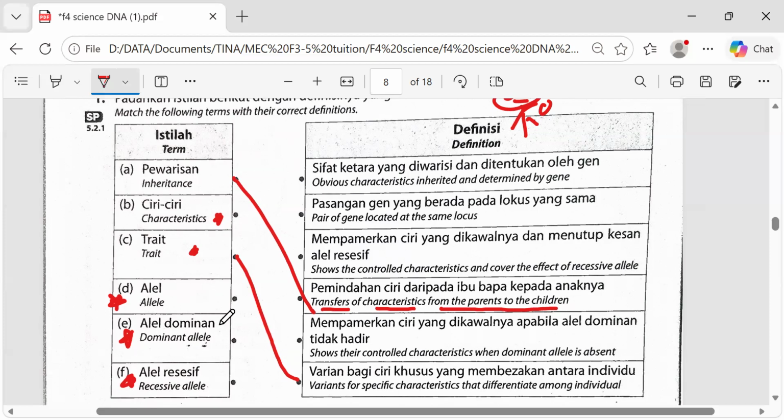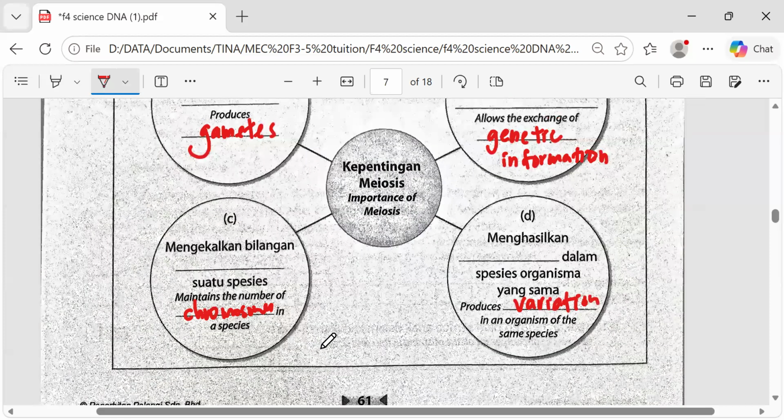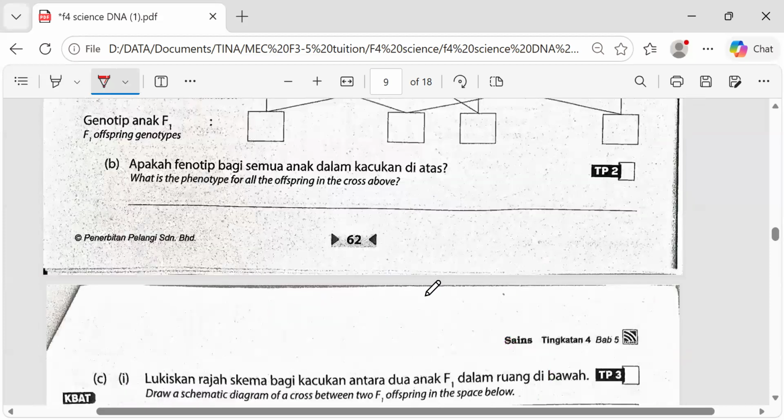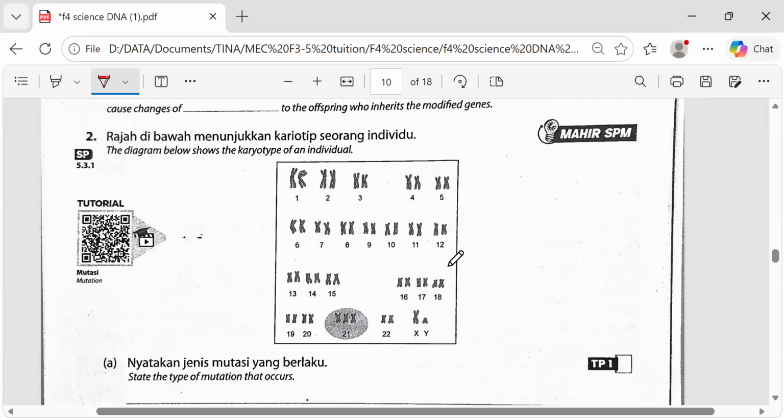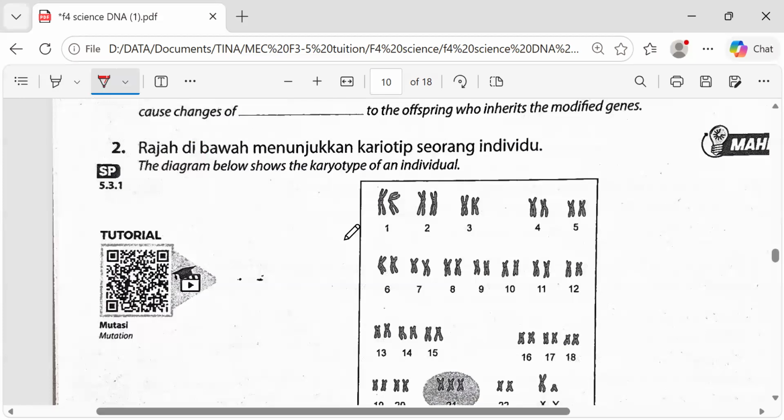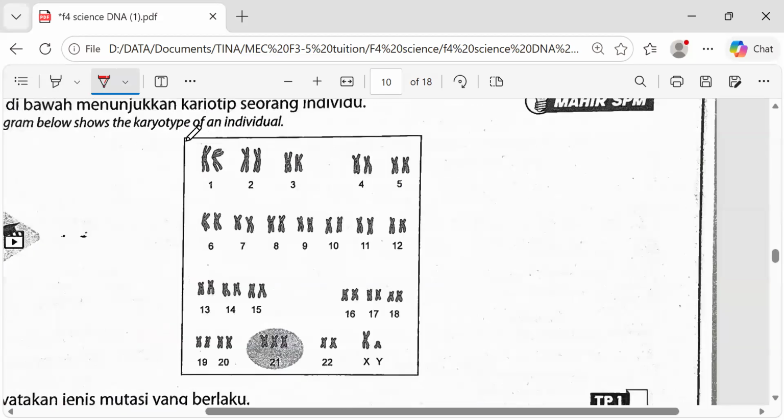This one needs a little bit of explanation. Do you remember the concept of this one? Remember I told you already? This one from mommy, this one from daddy. This one from mommy, this one from daddy.